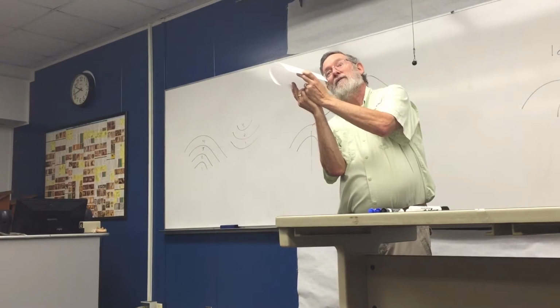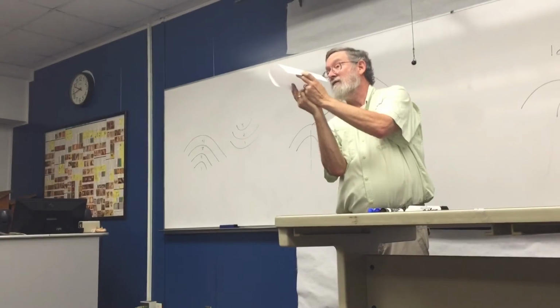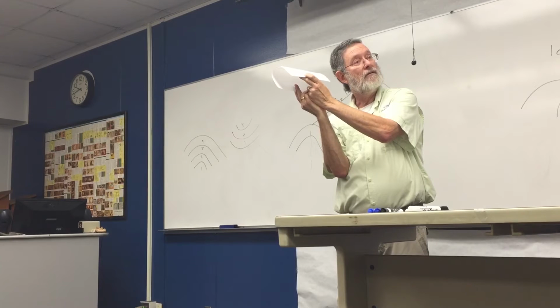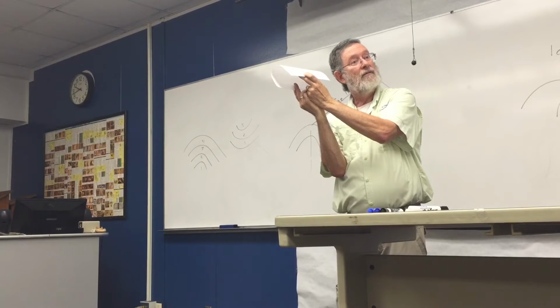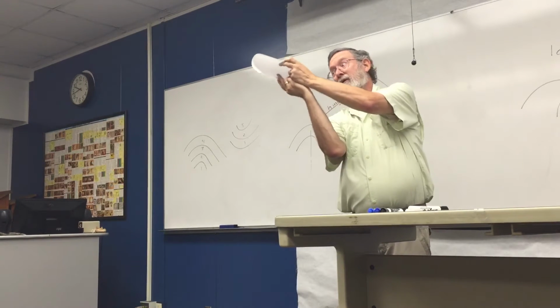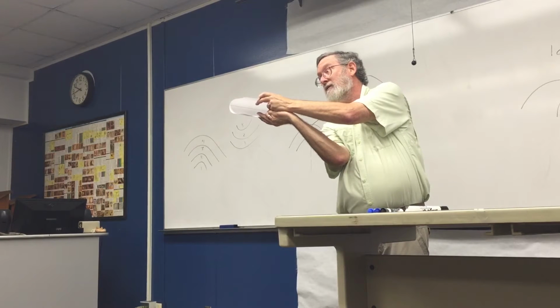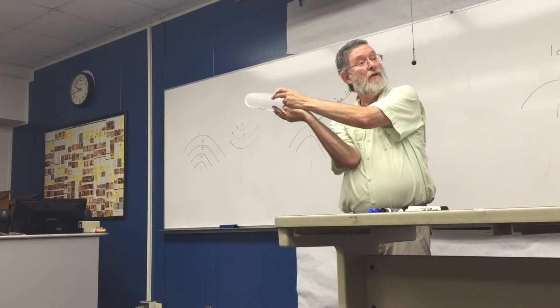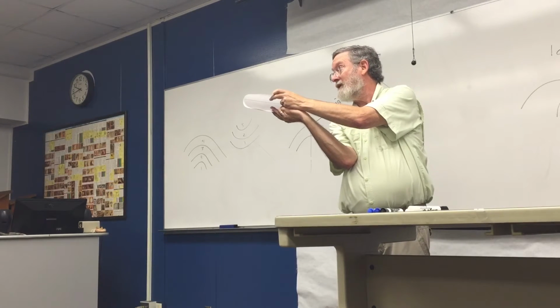Inclined. The hinge line is horizontal. The hinge surface is dipping. Good? Recumbent. The hinge line is horizontal. The hinge surface is horizontal.